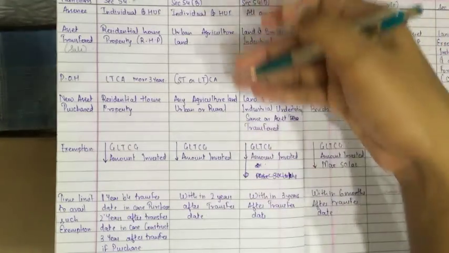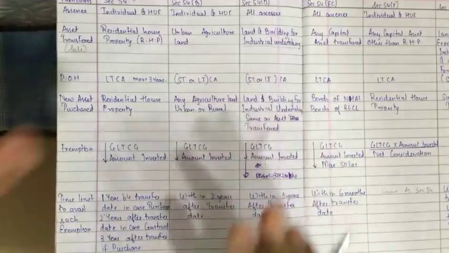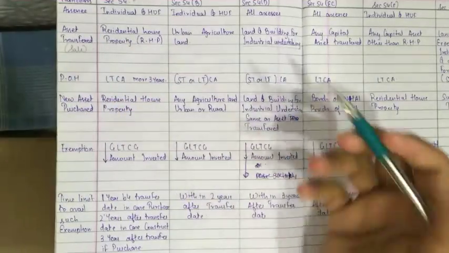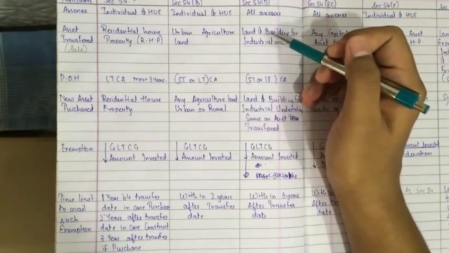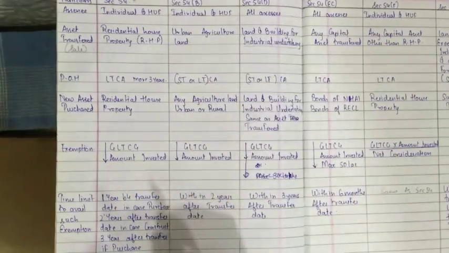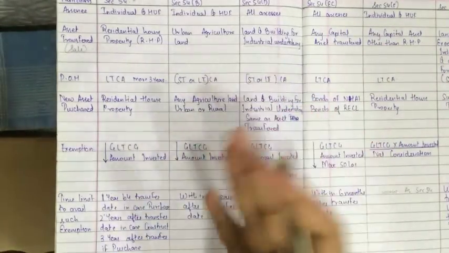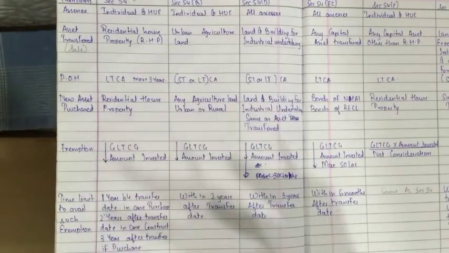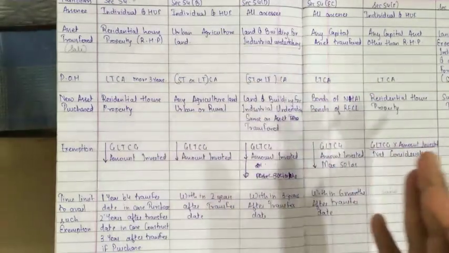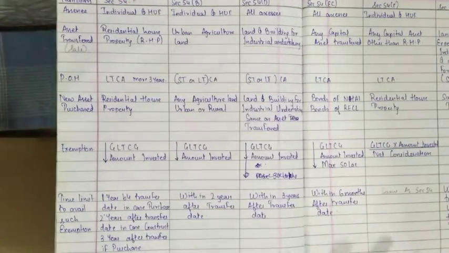But such purchase should be within 3 years after the transfer, because as soon as you sell the land and building, it is not possible to buy tomorrow or within 6 months. It might take 1 or 1.5 years to find the specific land required for an industrial undertaking. So within 3 years after the transfer date you are eligible.